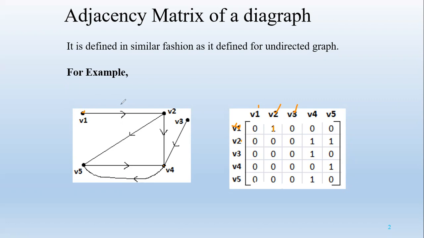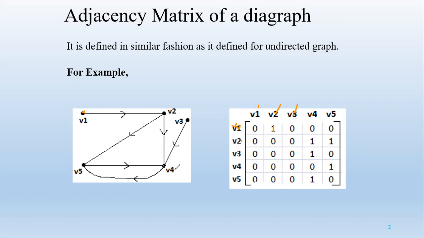Usually, we write 1 in a simple graph because in a simple graph we don't consider any direction. In a digraph, we consider the direction. Next, V2 to V2. There is no self loop. Therefore, 0.